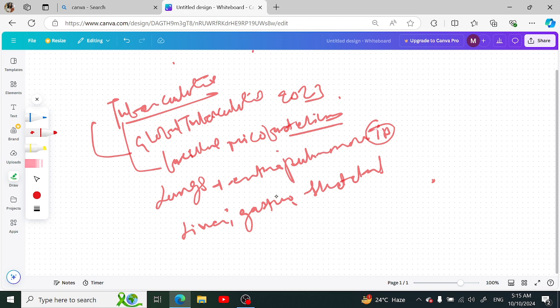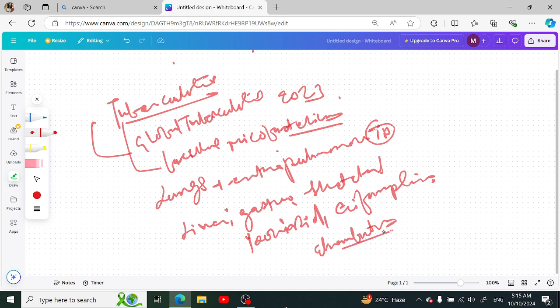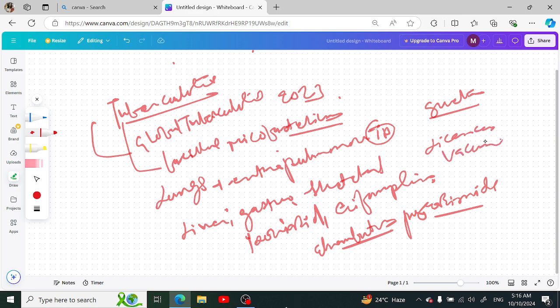We use some medications: isoniazid, rifampicin, ethambutol, and pyrazinamide. There is a licensed vaccine, Bacillus Calmette-Guérin. Multi-drug resistant TB is resistant to at least isoniazid and rifampicin.